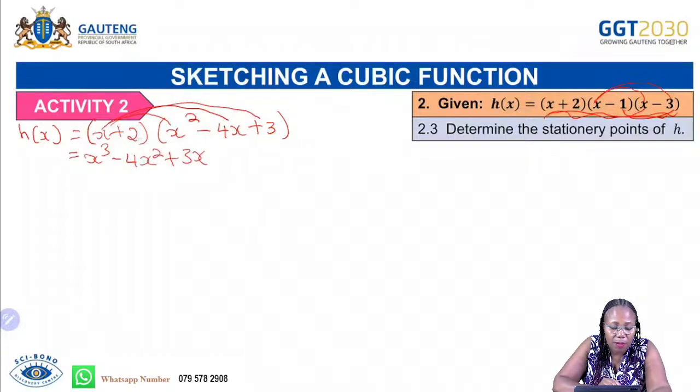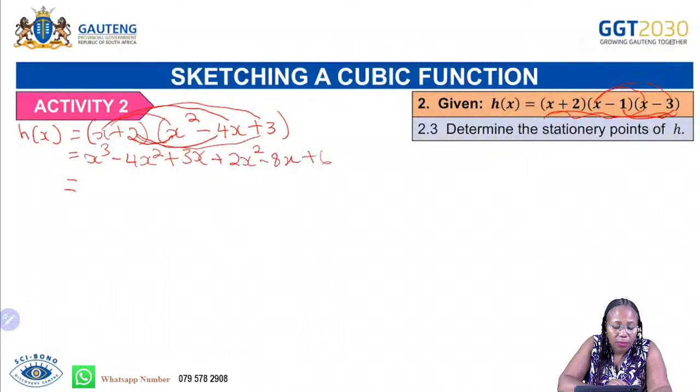And then now we come to 2 now. 2 times x squared is plus 2x squared. 2 times minus 4 is minus 8x. 2 times 3, that is a 6. What is the next step, grade 12? We now look at the like terms. So x cubed is the only one there. And then we have the minus 4x squared plus 2x squared there.